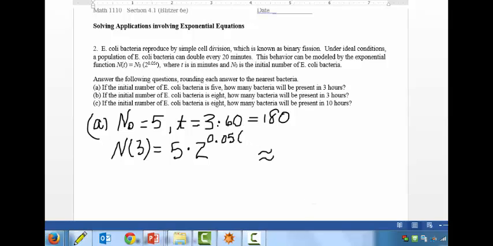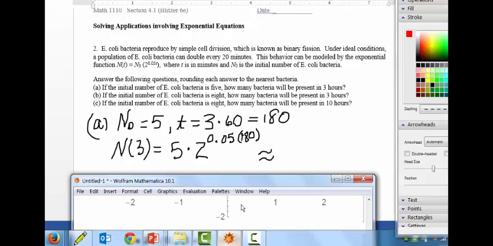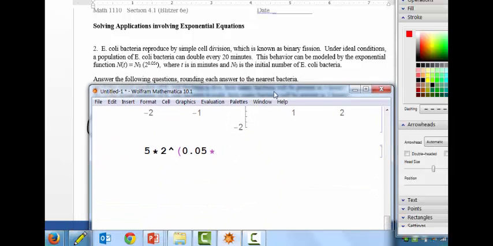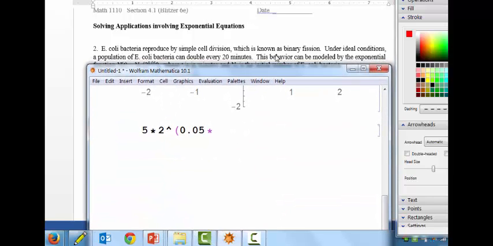Every hour has 60 minutes in it. So we replace t with 180. And we use Mathematica to do our calculation, and we get 2,560. And this is actually an exact value, not an approximation.